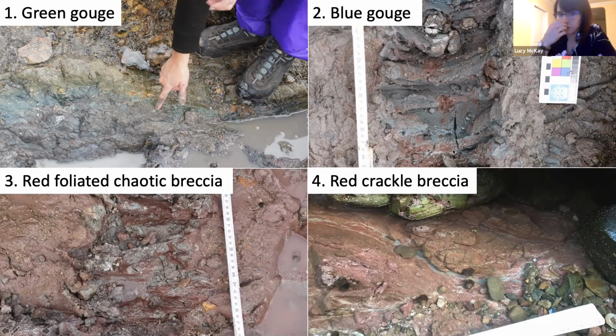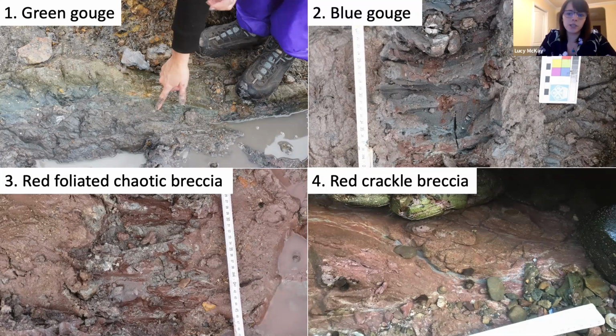So after digging and moving all these large boulders, I found that the fault core consists of 4 distinct units that remain unmixed, which was quite surprising. So first you have a localized green gouge, then a blue gouge of high plasticity, a red foliated chaotic breccia, and a red crackle breccia, which has large elongated wall rock lenses of the Dalradian. I'll go through each of these different fault core units again.